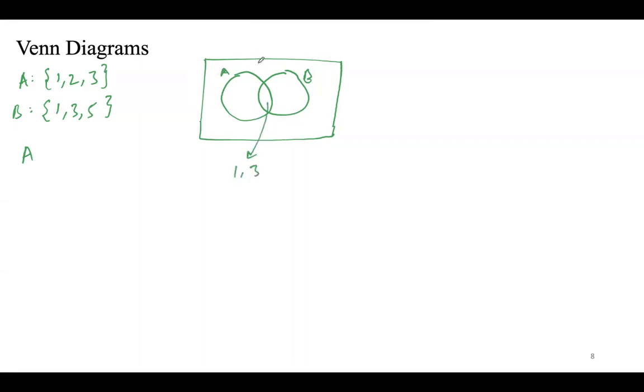Now, A comprises 1, 2, and 3, of which 1 and 3 are in the middle, so this can be 2. And B was 1, 3, and 5, so this gives us 5. The sample space was 1, 2, 3, 4, 5, 6, so 4 and 6 remain. 4 and 6 go in the outer part, outside A and B, but within the rectangle. So this is how you have drawn the basic Venn diagram.